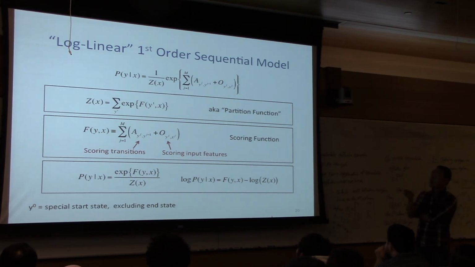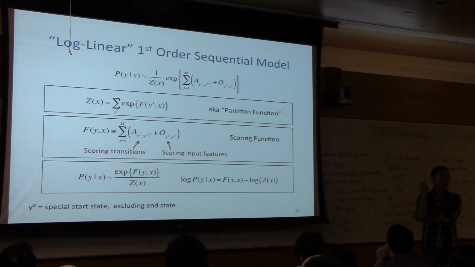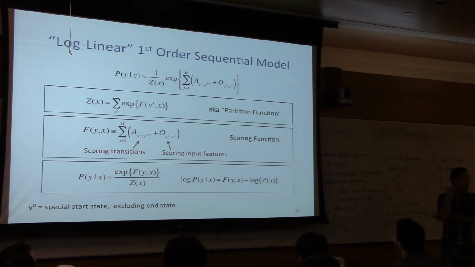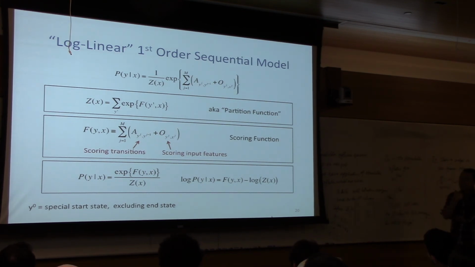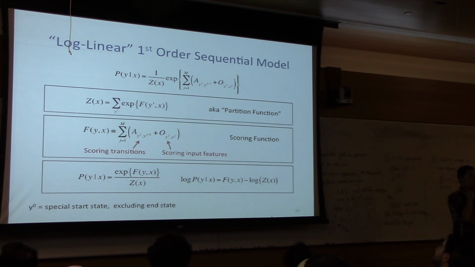So the probability of this input sequence X generating any given output sequence Y is proportional to e to this scoring rule, which sums over the transition scores and the emission scores. I have an operational example in the next slide. This is the complete notation.